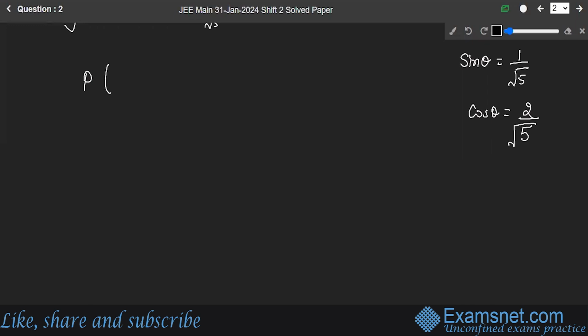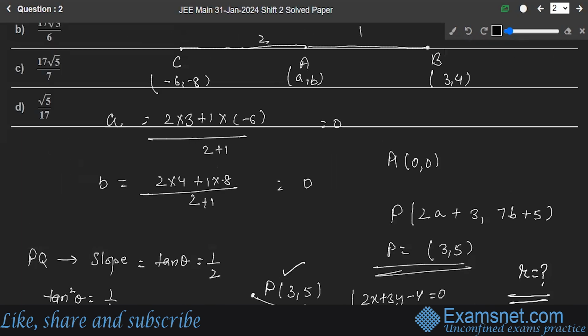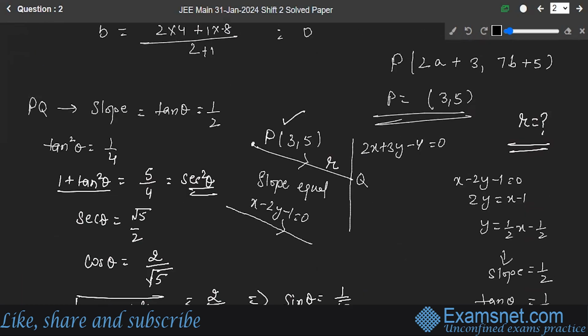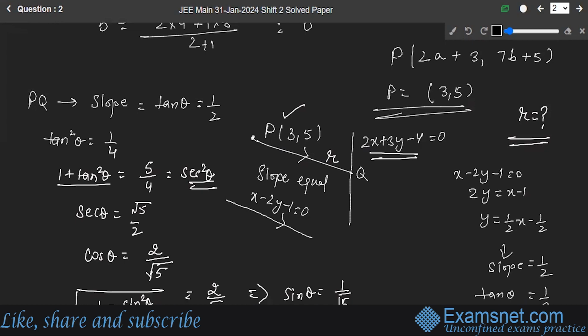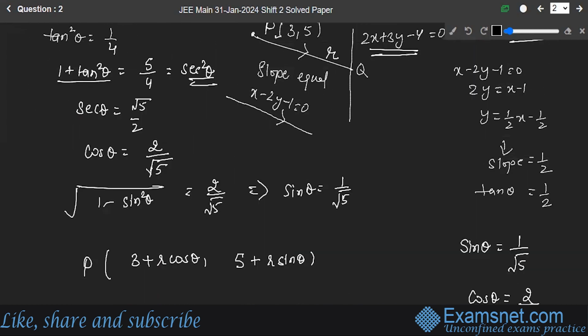So the parametric form that's given for the point P is 3 plus r cos theta, 5 plus r sine theta. Now this point P satisfies this equation because I have taken the parametric form of it.